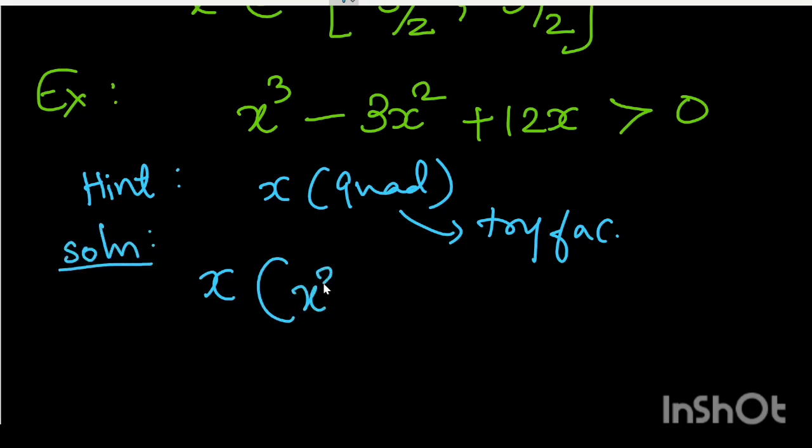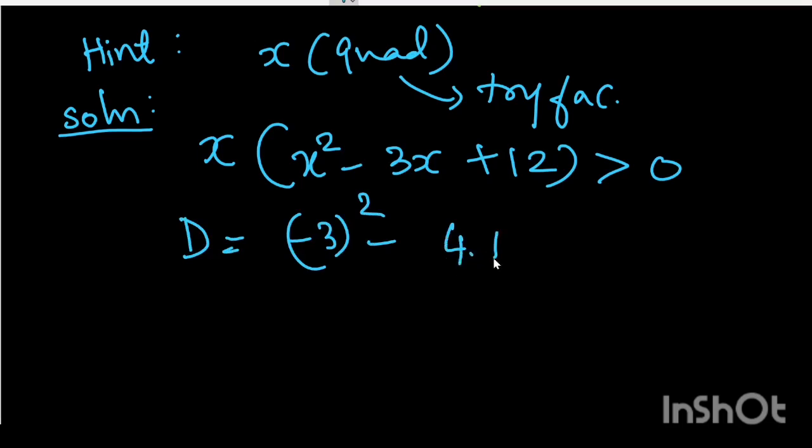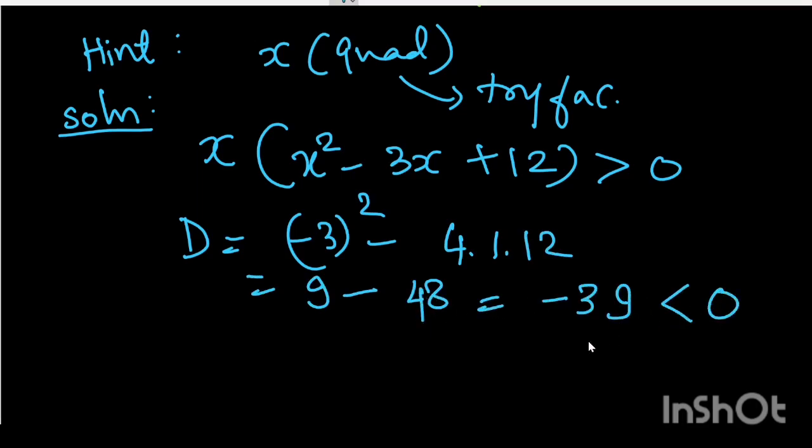But when you take this quadratic, let's come to the solution now. This quadratic has discriminant b square, which is minus 3 square minus 4 into 1 into 12, which is 9 minus 48, negative, guys. So the discriminant is negative, so this quadratic is always positive.